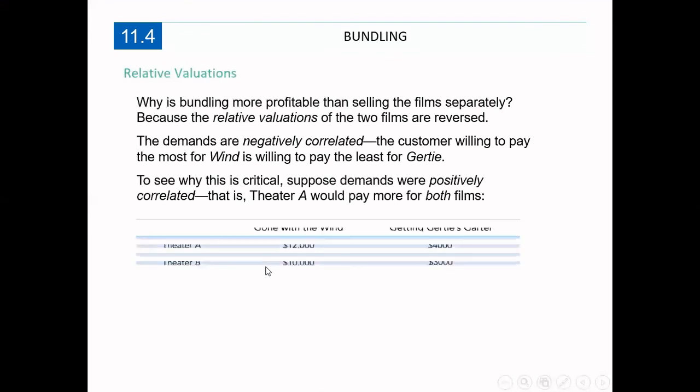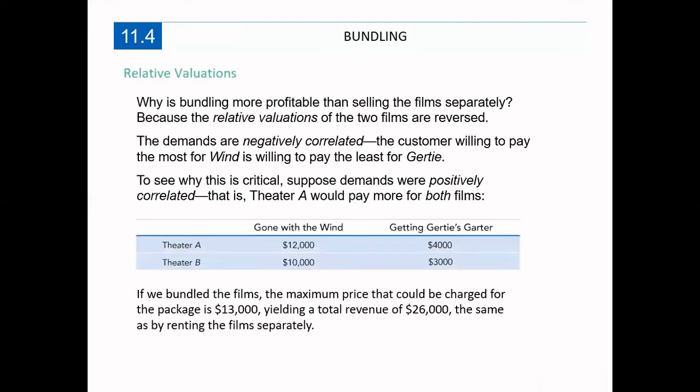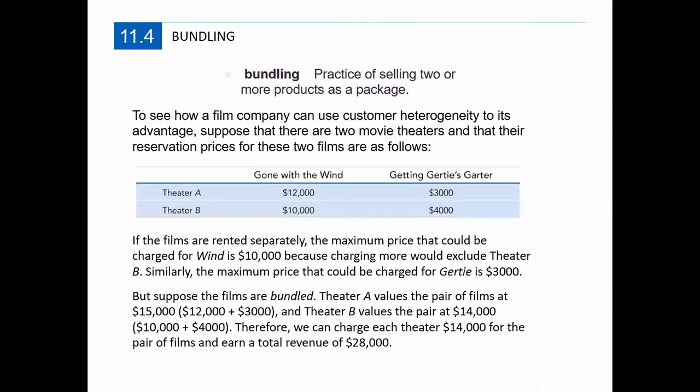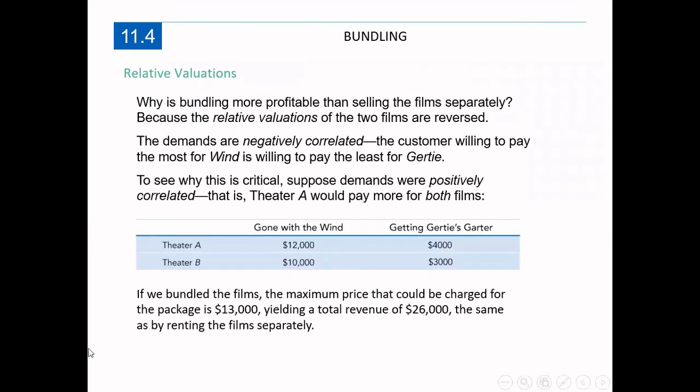So what is the relative valuation? If you see here, if we bundle the films, the maximum price that could be charged is 13,000. Instead of setting the prices of the two products at 14,000, I'm going to bundle both of them and sell them at 13 to gain more market share, but not more revenue.